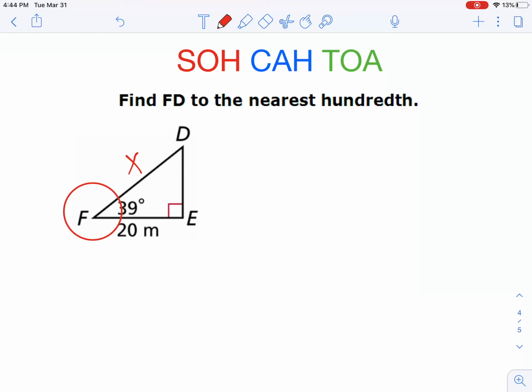Okay, so then X is really going to be our hypotenuse because it's across from the right angle. And the 20 meters that we are given is next to my angle, forming my circled angle. So that is my adjacent. If we are working with the A and the H, that means we should use cosine.